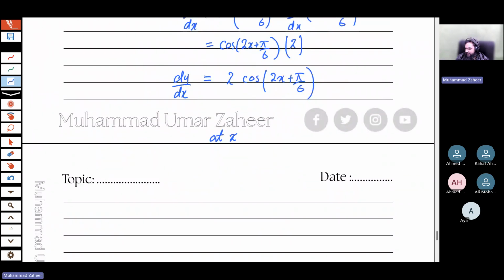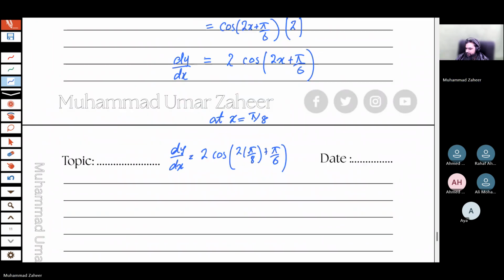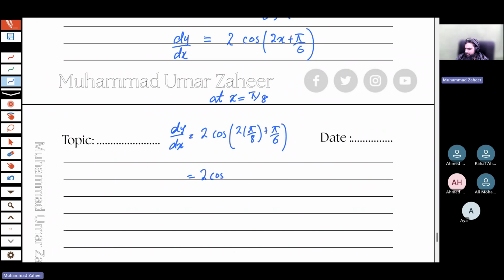So at x equal to pi divided by 8, the derivative is 2 cos(2 times pi over 8 plus pi over 6). 2 times 1 is 2, 2 times 4 is 8, so pi over 4 plus pi over 6 will be equal to 5 pi over 12.